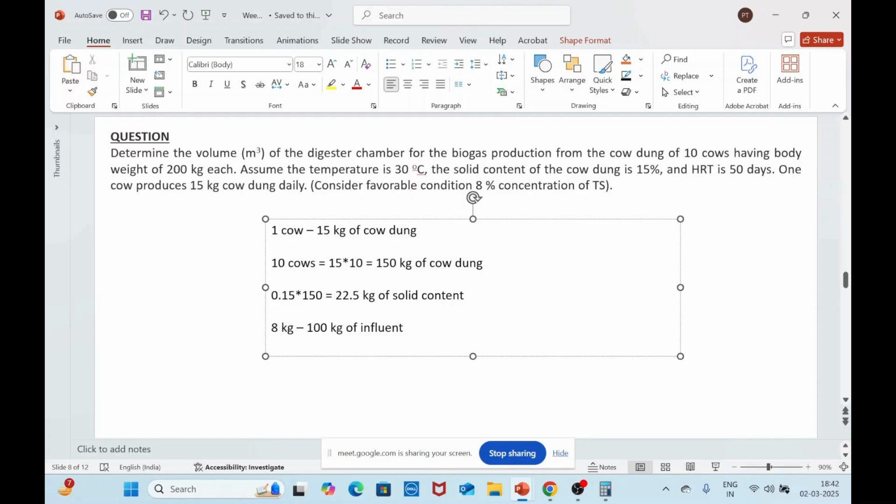So for 22.5 kg, how much is it going to be? Again, just a cross multiplication. So 22.5 times 100 by 8.